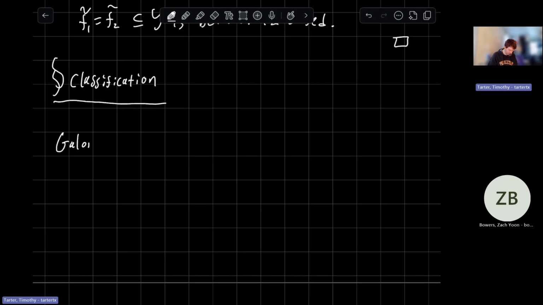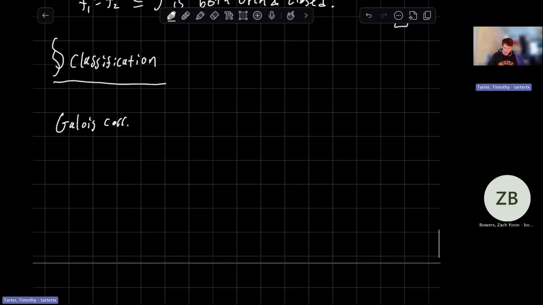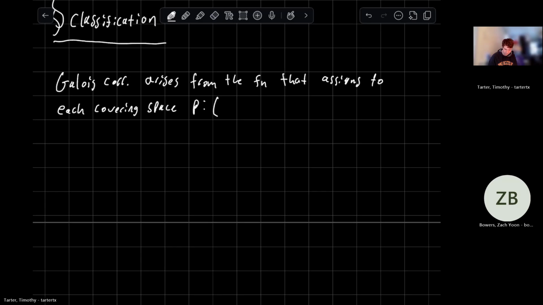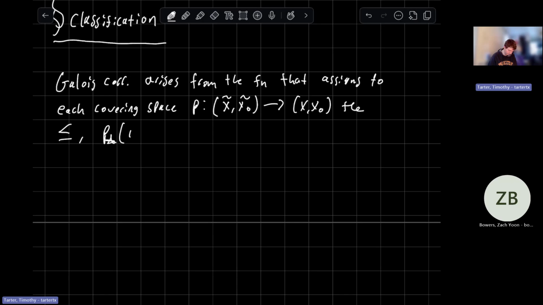So the Galois correspondence arises from a function that assigns to each covering space the subgroup p star of pi1 of X tilde.